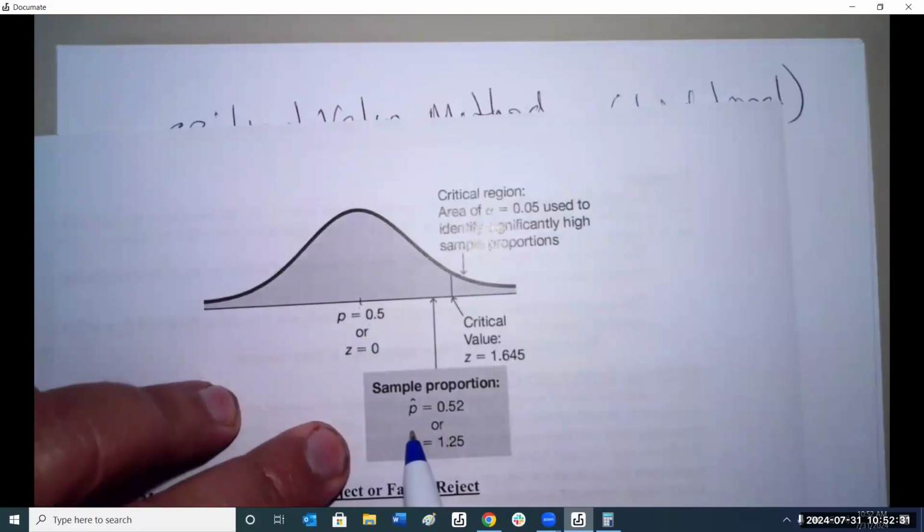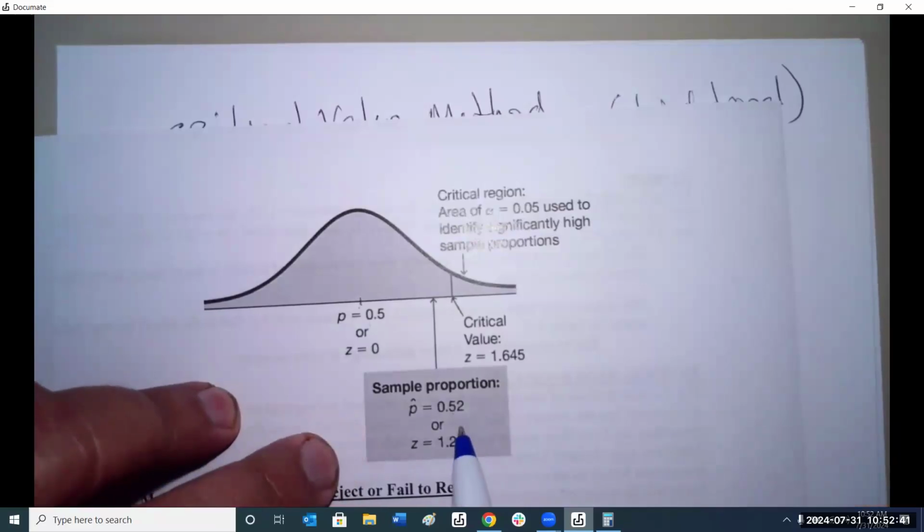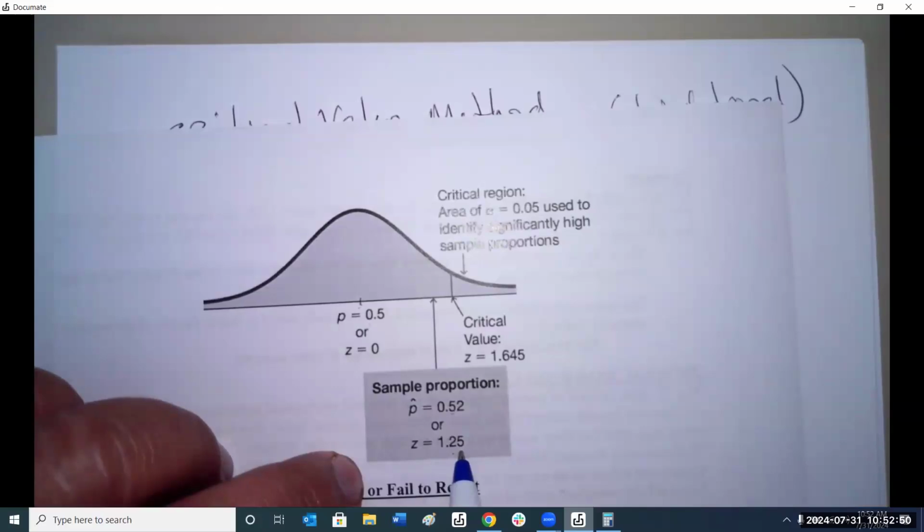What we have to use now is we're going to use these separate values. Our p-hat is 0.52 because we're looking at 52% of the people favor it. So if 52% of the people favor it, then that corresponds to a Z value of 1.25.